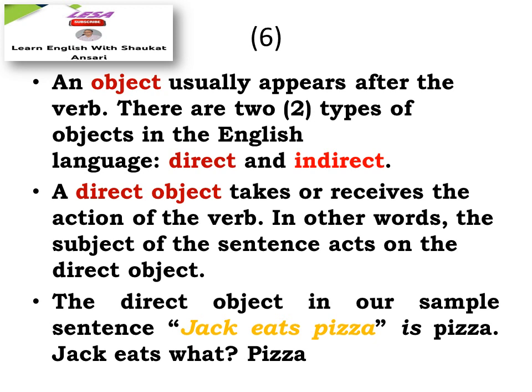Now here you have to understand the difference between direct object and indirect object. A direct object takes or receives the action of the verb. In other words, the subject of the sentence acts on the direct object. The direct object in our sample sentence, Jack eats pizza, is pizza.